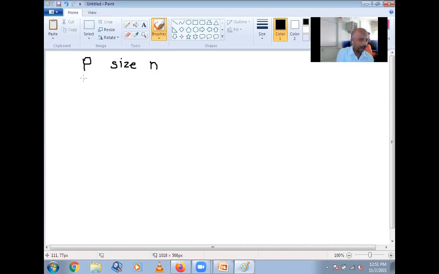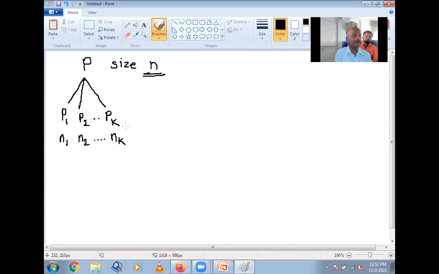If the problem is big, then divide it into subproblems such as P1, P2, P3 up to Pk. If n is the size of the problem, then n1 is the size of subproblem P1, n2 is the size of subproblem P2, up to nk, the size of subproblem Pk.